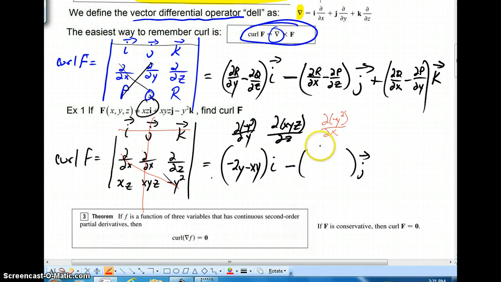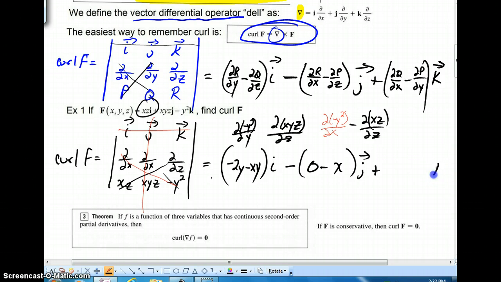What's that? 0. See, right now I'm writing that out, but so very often kids are going to be like, hey, I can just do that in my head. And then look at this other diagonal that wasn't highlighted. You could say partial derivative of xz with respect to z. What's that? Just an x. And we can distribute that negative in just a second.